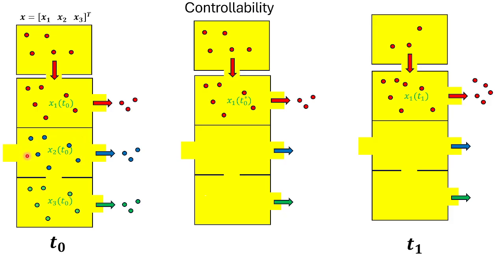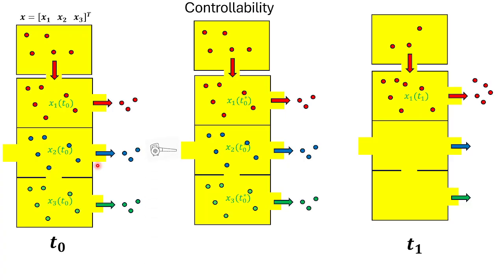Alternatively, can we control what is basically defined by x2? The answer is yes, because we have an opening here, and we can blow some air here, say using a compressor, and that's how we can manipulate it.